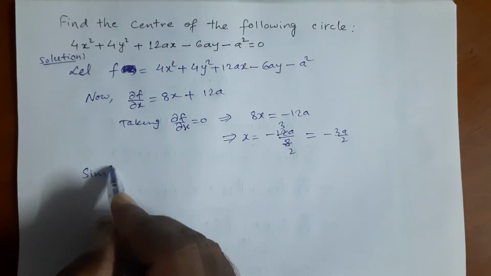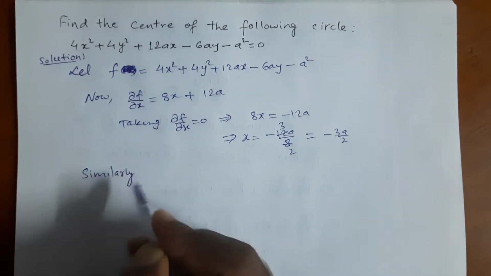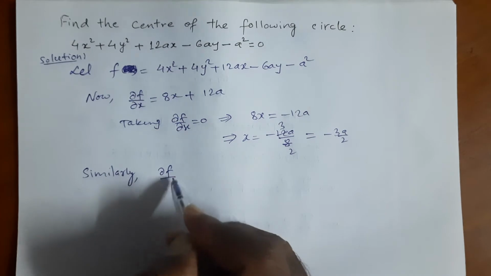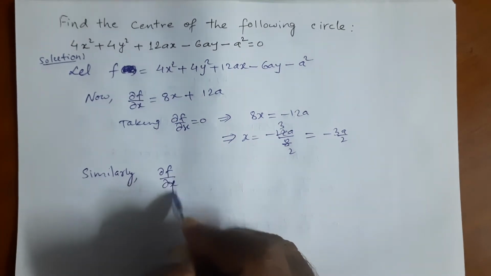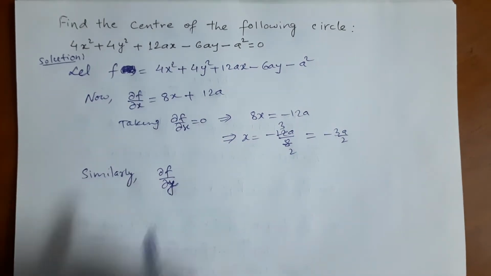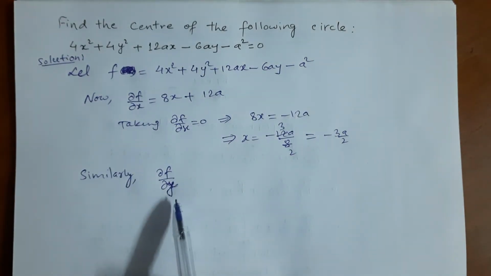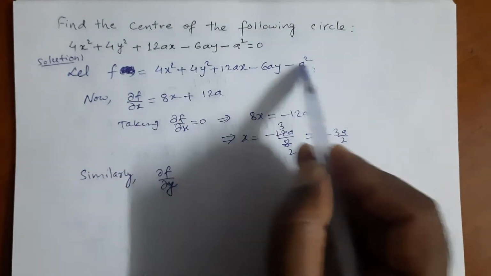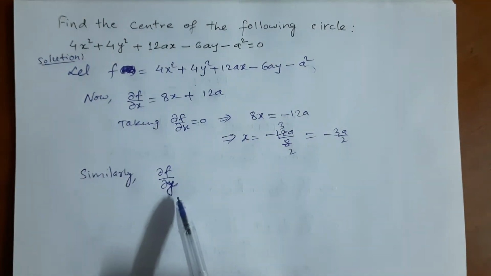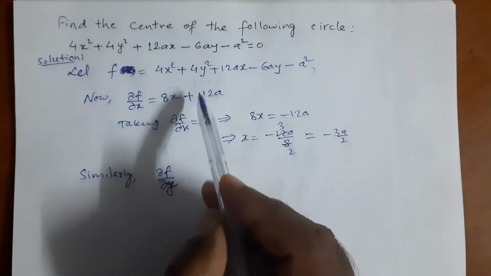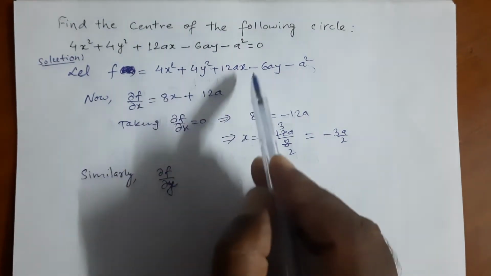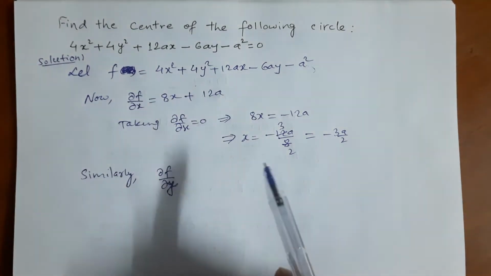Similarly, del f over del y, partial derivative of this given expression with respect to y. When we are finding the partial derivative of this given expression with respect to y, except variable y, other variables and constants are taken as constant.